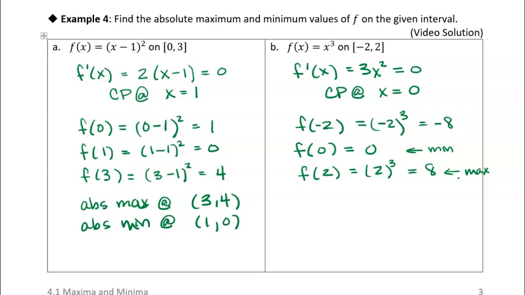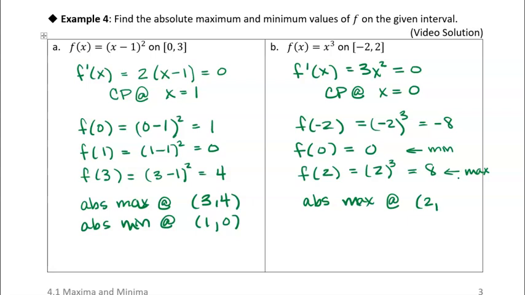Now I'm just going to state my final conclusion, which is that I have an absolute maximum at (2, 8), the x and y coordinates.